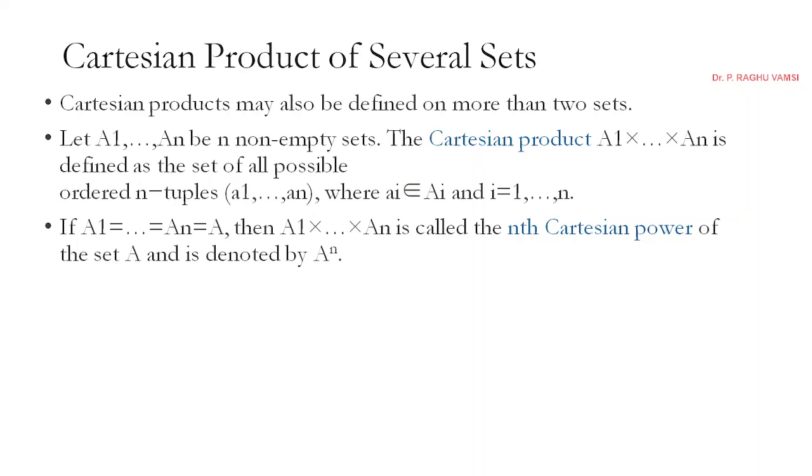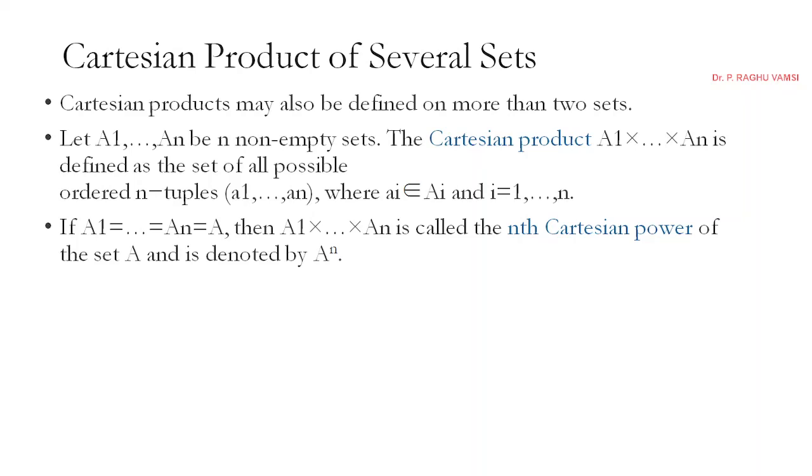If A1 is equal to A2 is equal to A3 is equal to An, that means all these sets are the same. That means the number of elements that are held in these sets are the same. Then A1 cross A2 cross A3 and so on An is called the nth Cartesian product or nth Cartesian power of the set A and is defined as A power n.